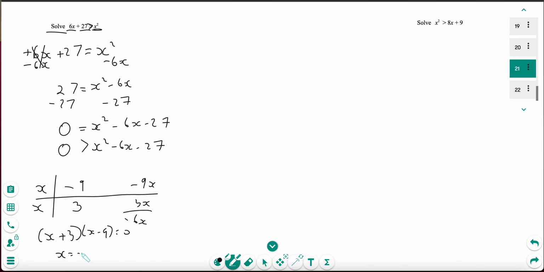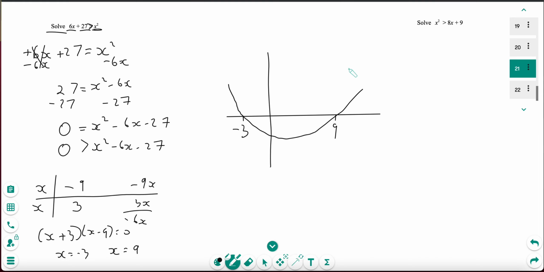So x equals negative 3, x equals 9. We'll sketch it out. It's a U shape like this, and we rearranged it, so it looks like that.